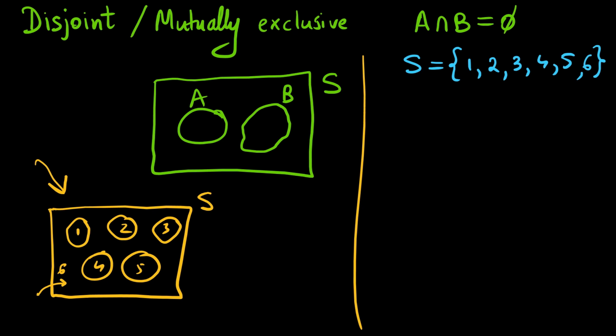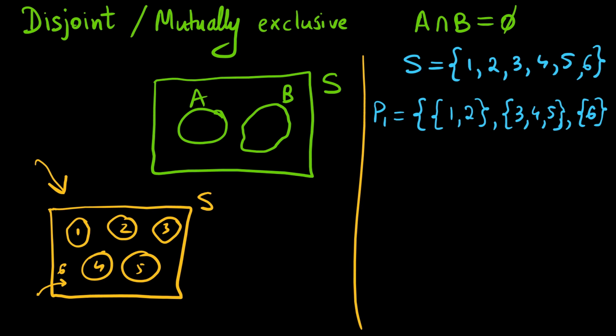One partition, I'll denote it by P1, would be the sets {1}, {2}, {3}, {4}, {5}, and {6}. So that's one partition.